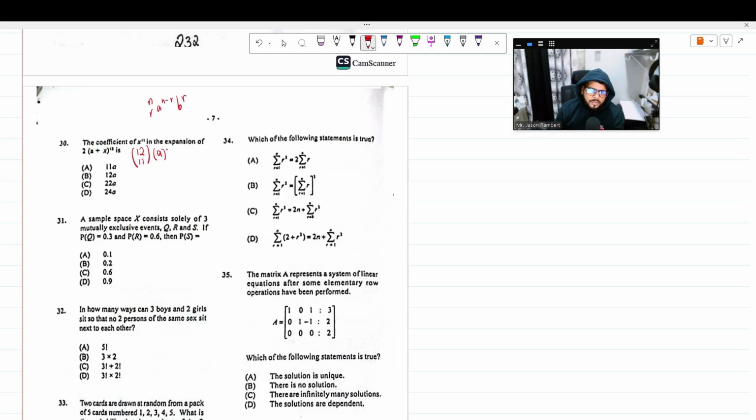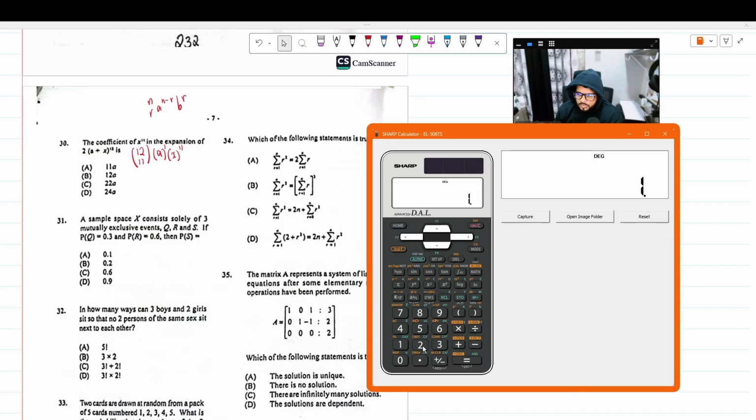So 12 take away 11, and then we're going to get multiplied by x to the power 11. 12C11 is what? 12C11 is 12, and we had to multiply that by the 2 to get 24A.